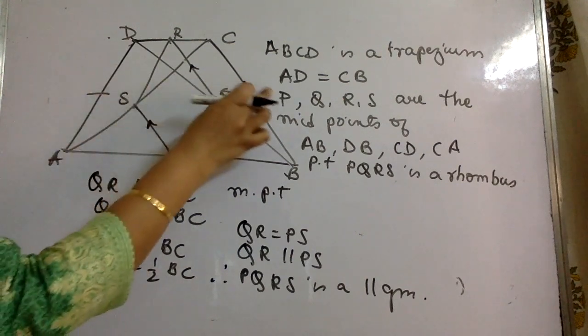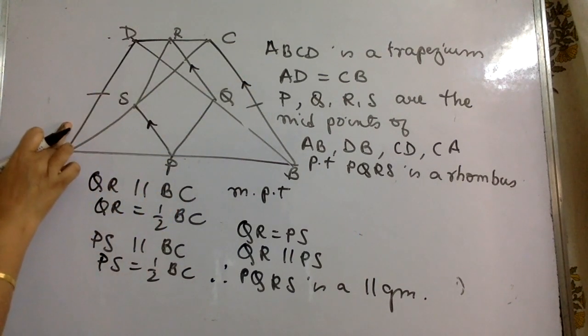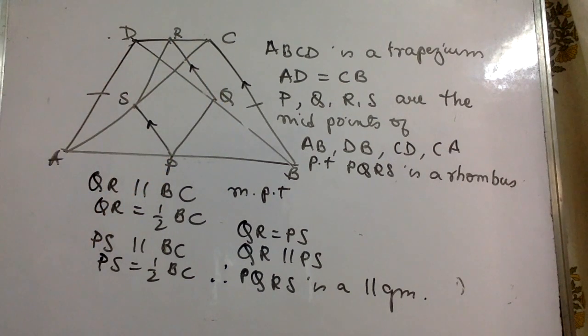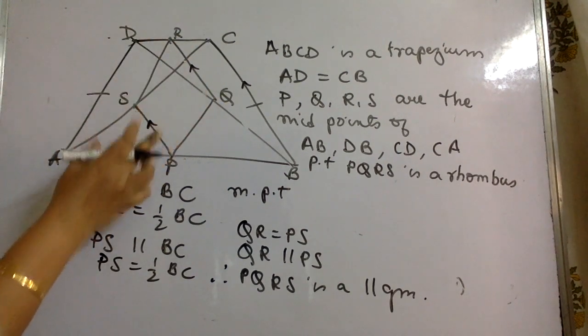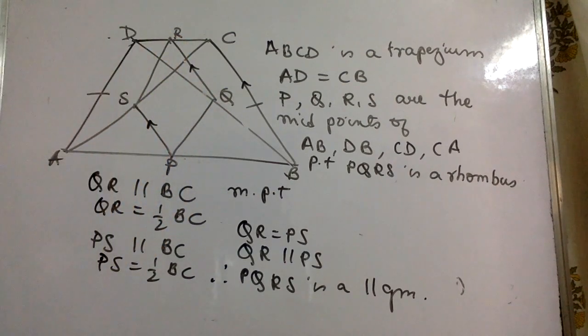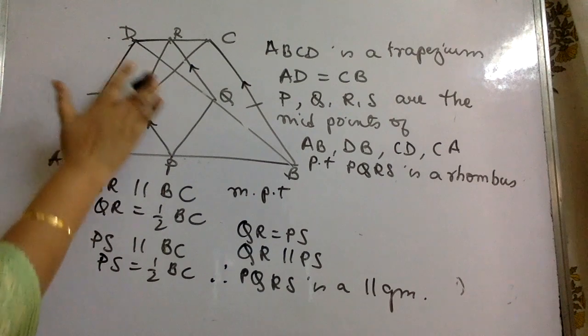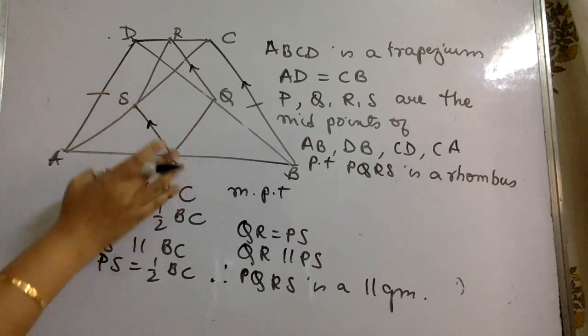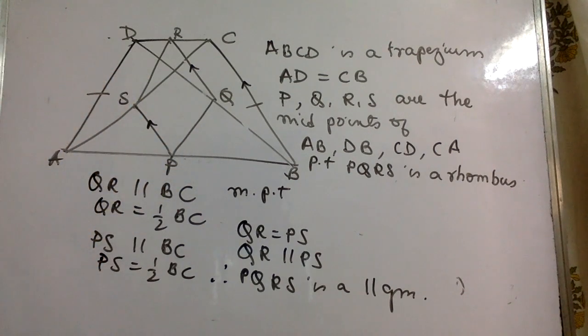If BC and AD are equal to one another, then we can say QR is equal to PQ, isn't it? And it is already a parallelogram, therefore this PQ is going to be equal to RS without any further proof, because they are opposite sides of a parallelogram. Okay, so since they are opposite sides of a parallelogram, we can say this part is equal to this.